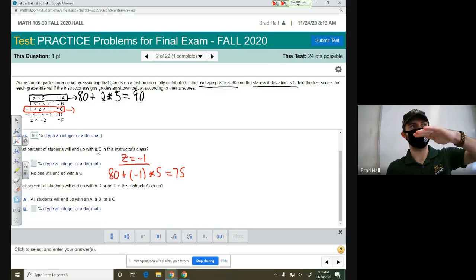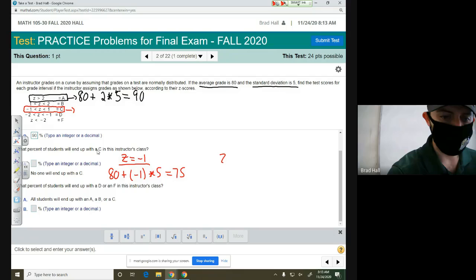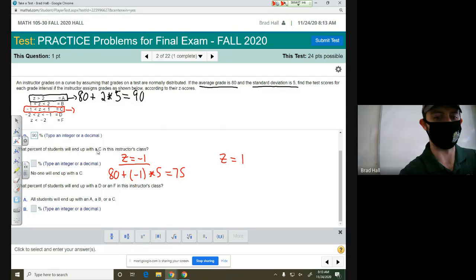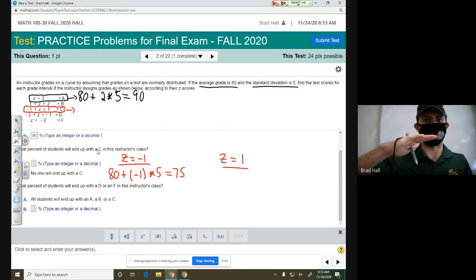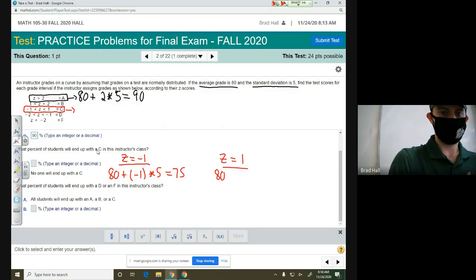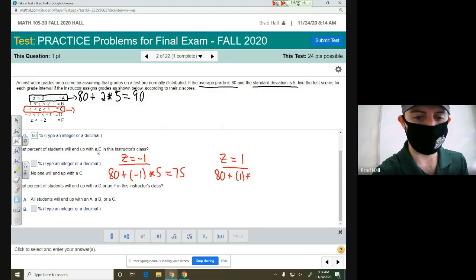So that's why I'm going from 80. 1 standard deviation is just 5, so that's why we get 75. Then we could do the same thing for a z-score of 1. That means we're 1 standard deviation above the mean. The mean is 80, and we are adding 1 times 5 to get 85.